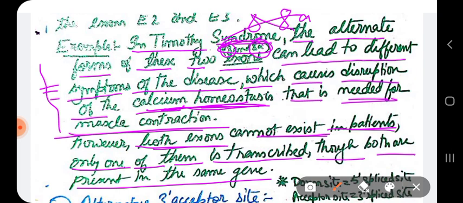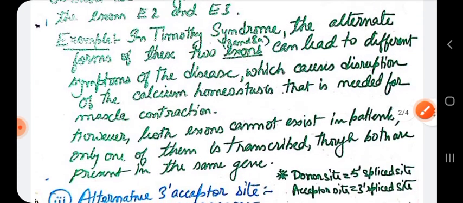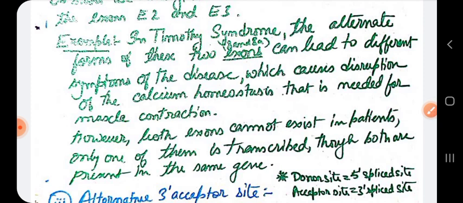Within the same gene, exon 8 is present and exon 8A is also present. But the patients suffering from Timothy syndrome will have either exon 8 or exon 8A. So this is an example of alternative splicing, the type called mutually exclusive exons.